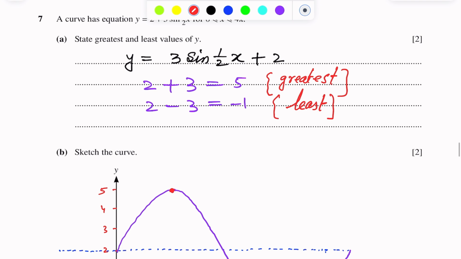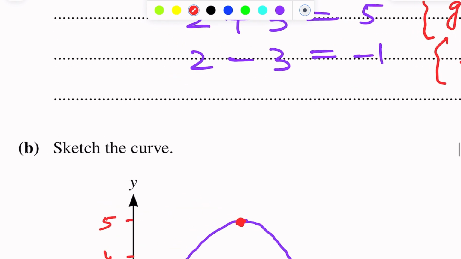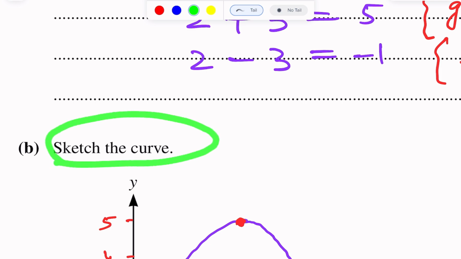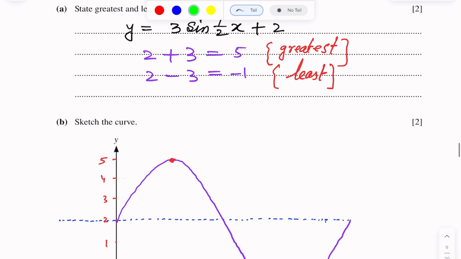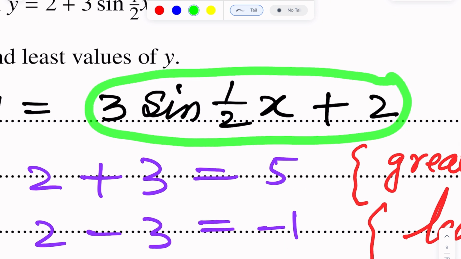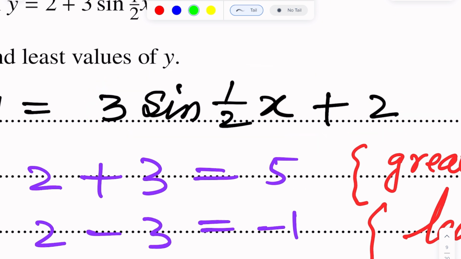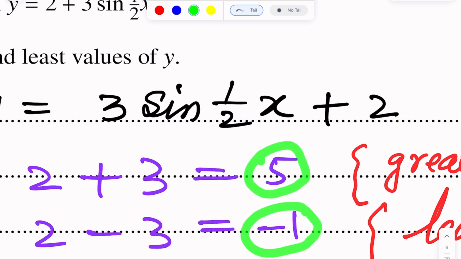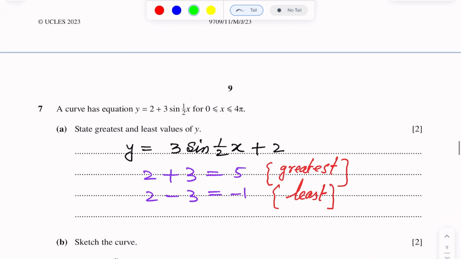Now the next part of this question, part B, is sketch the curve. First of all, we have to sketch the graph of this function. 2 is the baseline, the maximum point is 5, the minimum point is -1.